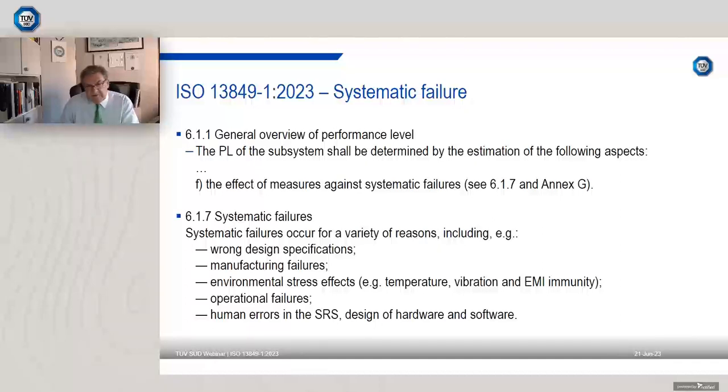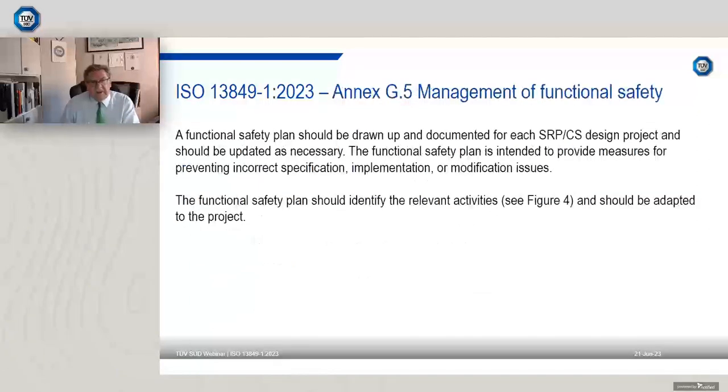Annex G is an informative annex, of course, but there is additional guidance pointed to from the normative parts of Clause 6. And it's in Annex G where we get a mention, at least a mention, of the management of functional safety. Some people would argue that this hasn't gone far enough, but it does say that we should have a plan.